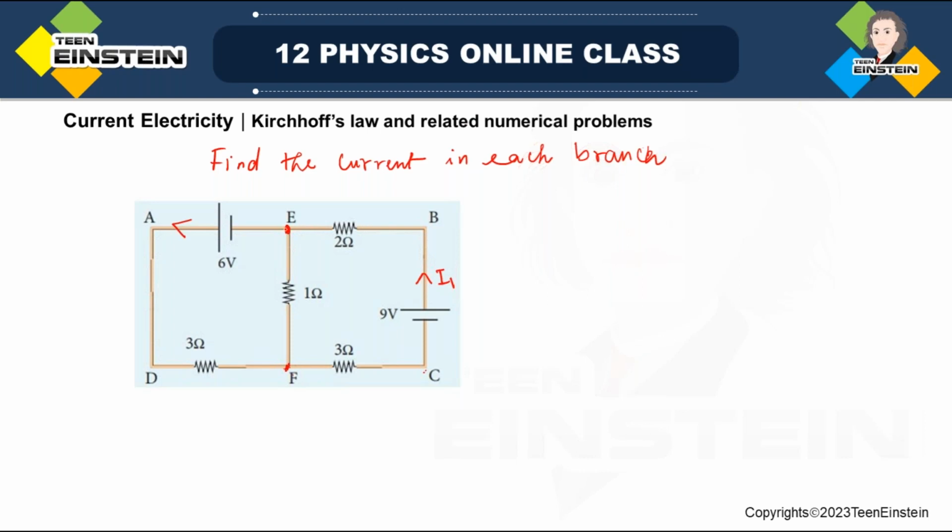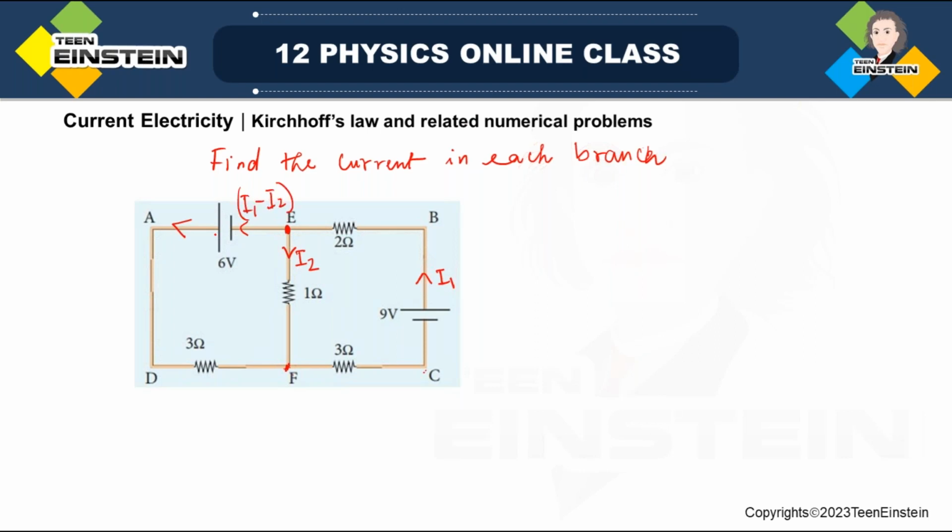But after this point, the current is actually getting divided into two, like it is going into two branches. There is the EA path and there is the EF path. So I'll take the current direction as I2 here. That means the current I1 was there, the whole current that is getting branched into I2, and the rest of the current will be I1 minus I2.